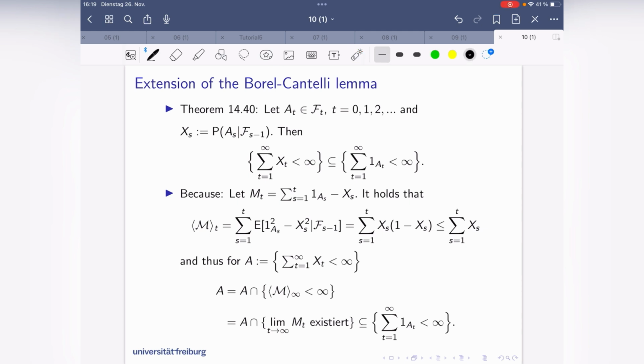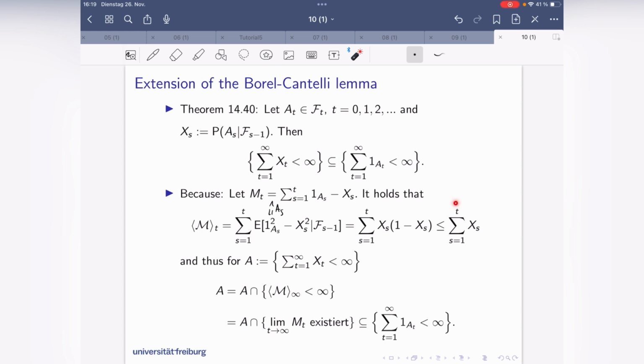Of course, the square of an indicator is the indicator. And the expectation of the indicator here, that's X_s itself. So I have X_s minus X_s squared. And X_s is F_{s-1} measurable, so I have this thing here. Again, that's of course bounded from above by ignoring the square part, so I have this thing here.